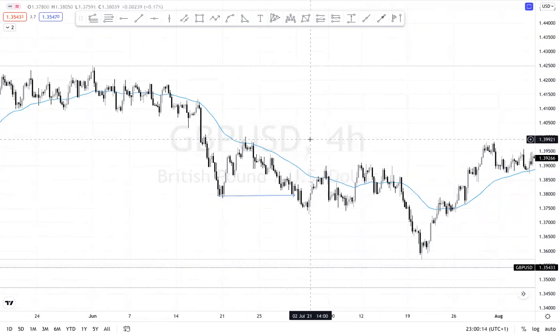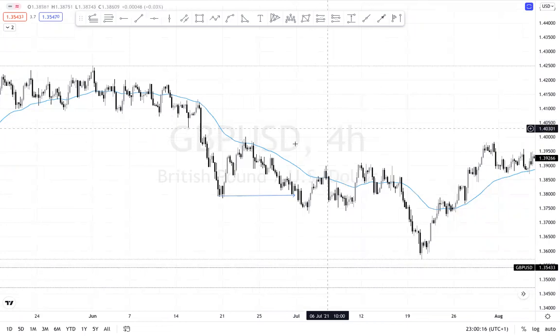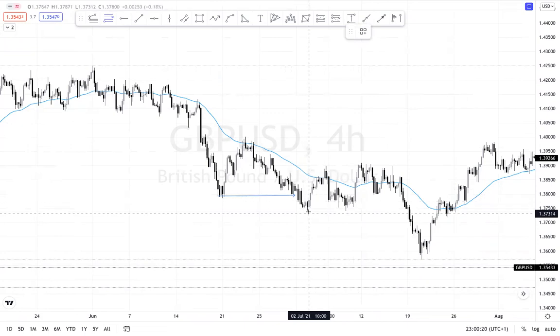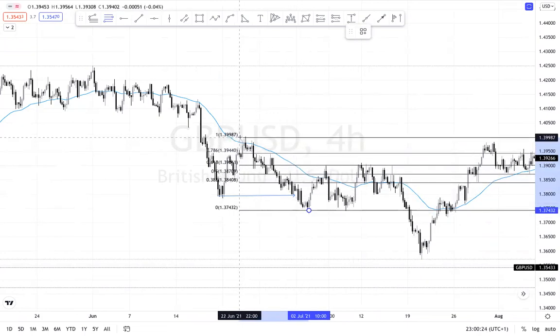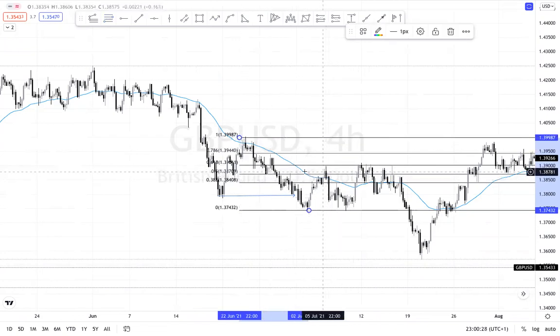If the market is below the 61.8% fib level, the market is seen to be in a discount. So let's see from this point here to this point. The market was within the golden zone, which is the 50% and the 61.8%.